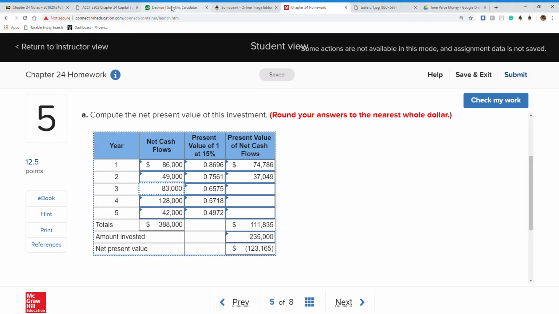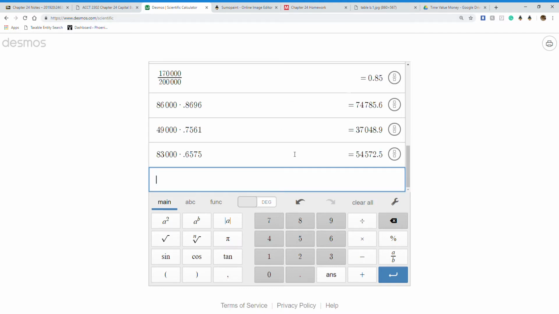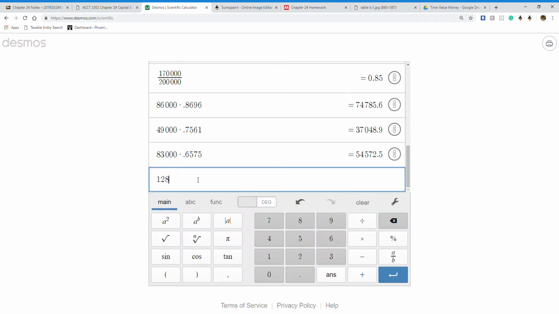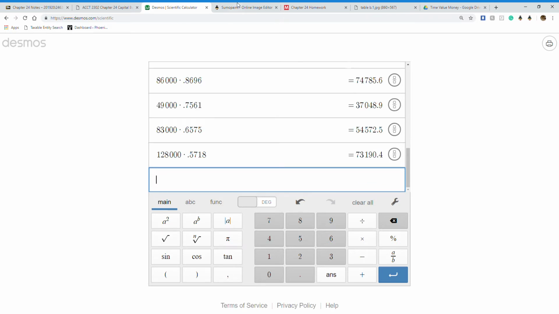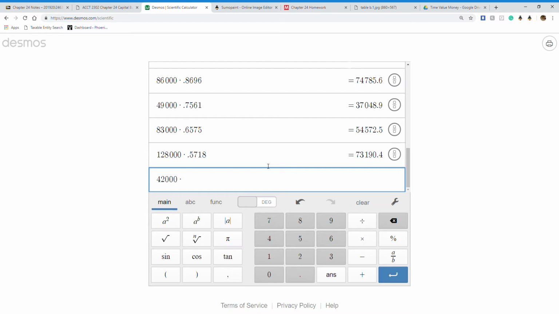Okay, now 83,000 times 0.6575 is 54,573. $128,000 times 0.5718 is 73,190, and 42,000 times 0.4972 is 2,882.